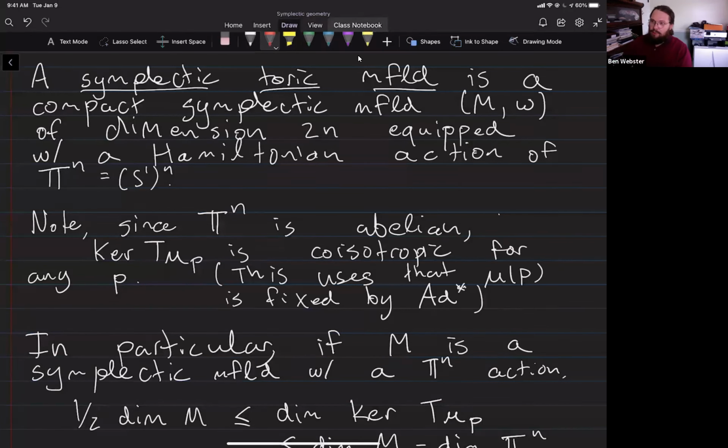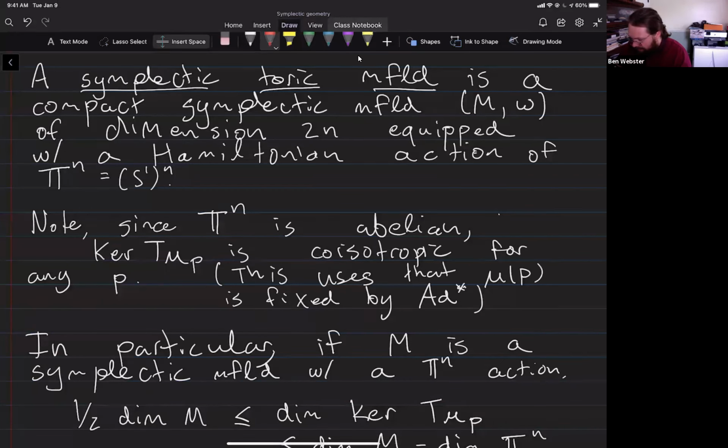So since the torus is abelian, that means that the kernel of the derivative of the moment map is coisotropic at any point. So that was something we had seen for the zero level of the moment map. For abelian things, all levels behave like the zero level. For non-abelian groups, this is very much not true, right?